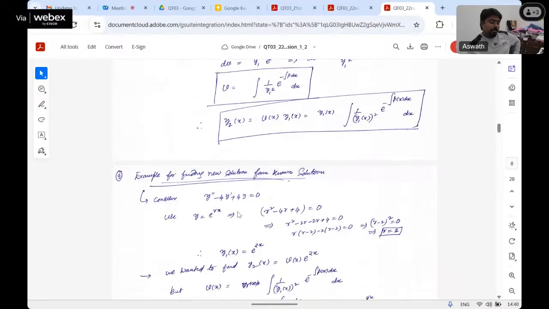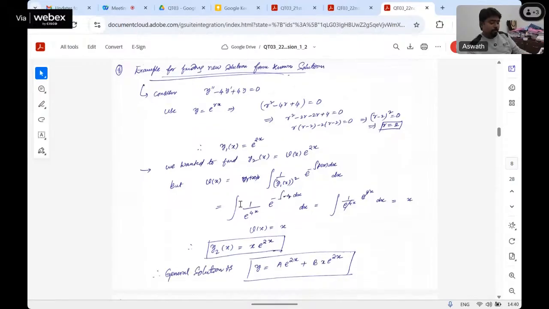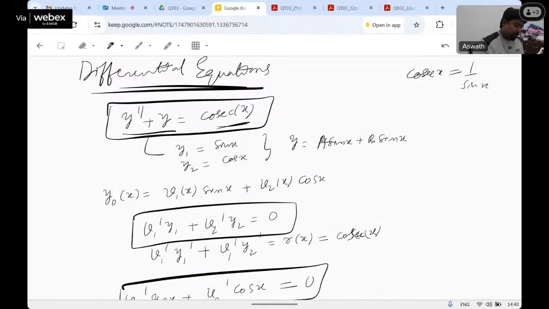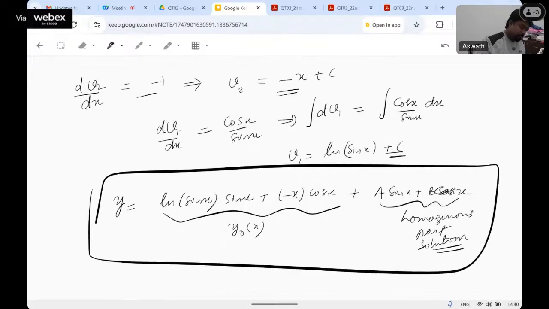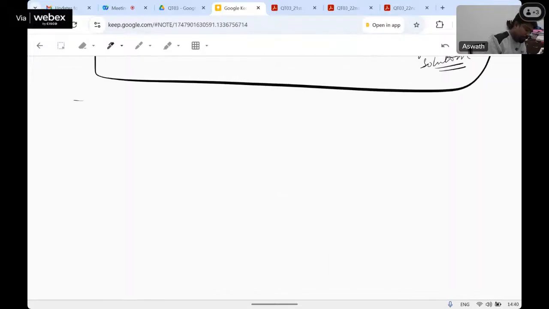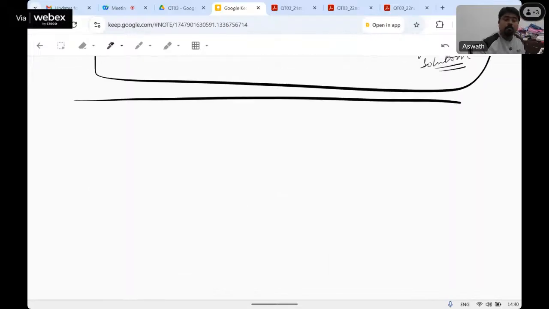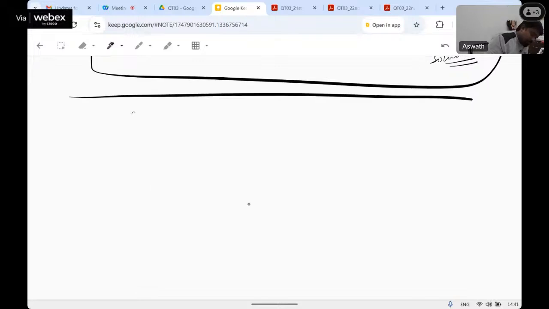Quickly, one example we'll do. Let's take this example: y double prime minus 4y prime plus 4y is equal to 0.